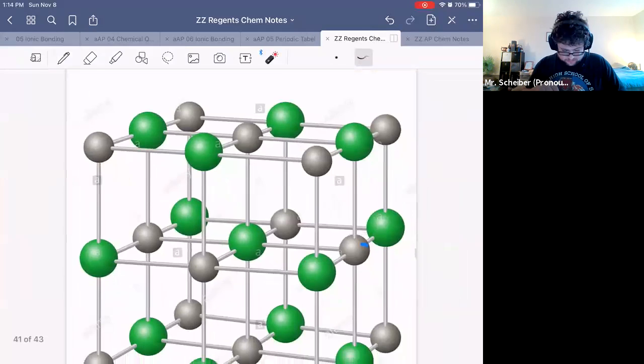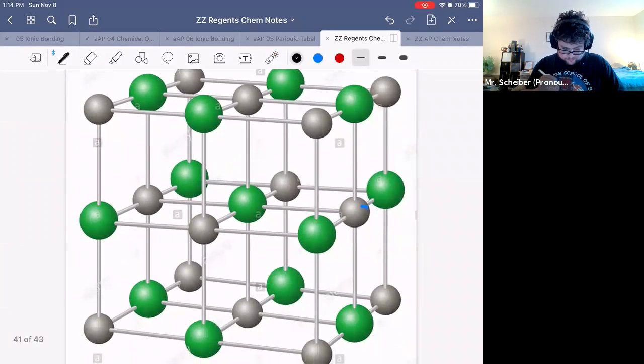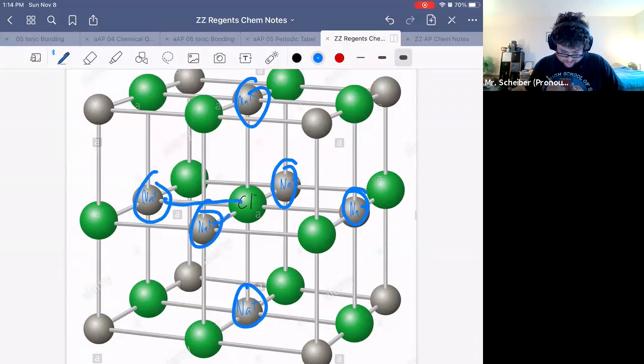Here we have the three-dimensional model. This will be our Cl. Look at this. We have an Na here, an Na here, an Na here, an Na here, an Na here, one right there. So in total we have 1, 2, 3, 4, 5, 6 that are all being attracted to this one chlorine.